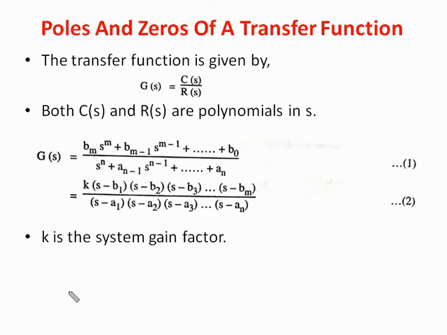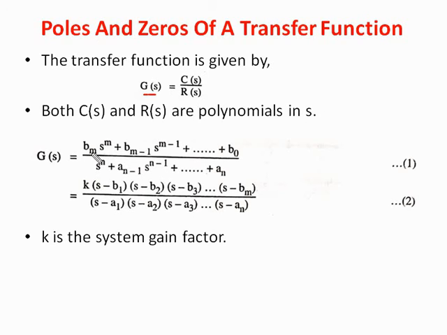Now we understand what the poles and zeros of the transfer function are. The transfer function is given by G(s), output to input, C(s) by R(s). Both C(s) and R(s) are polynomials in s.